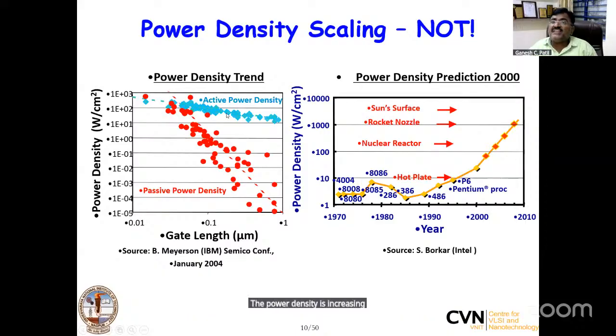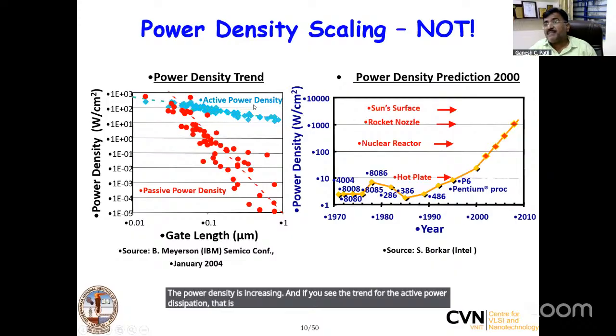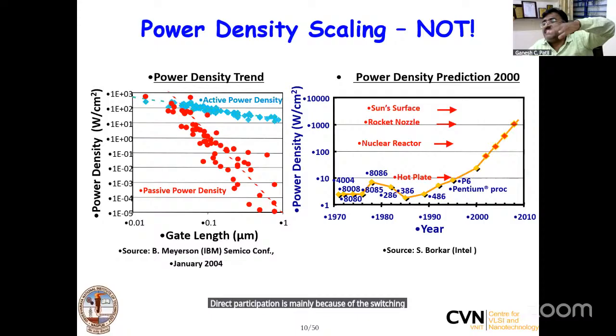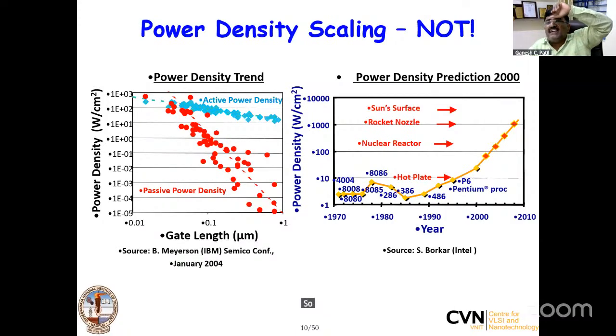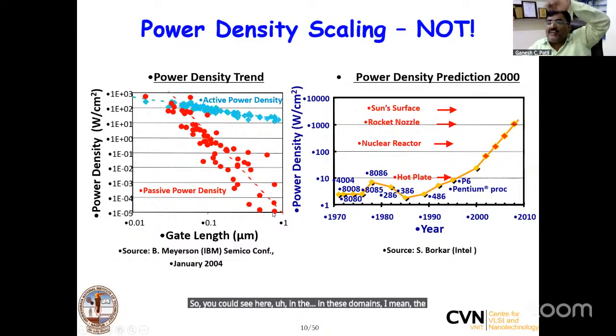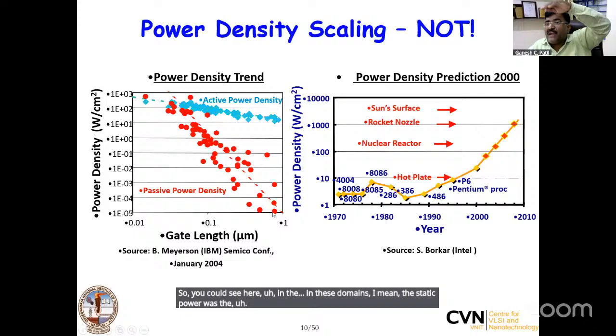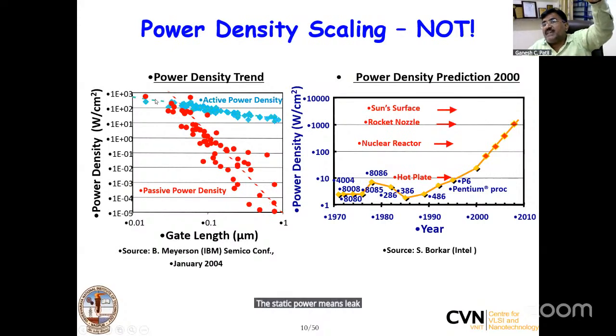And if you see the trend for the active power dissipation, that is the dynamic power dissipation, it is mainly because of the switching activity in the MOSFETs or CMOS logic circuits. In these domains, the static power was lower than the active power. But now, when the scaled dimensions are reached, the static power, meaning leakage power, is becoming closer to the active power, even more than that, right?